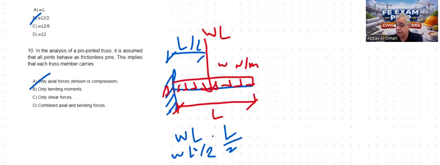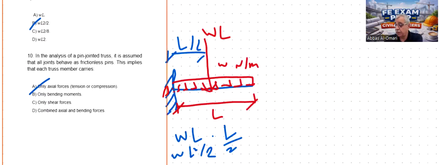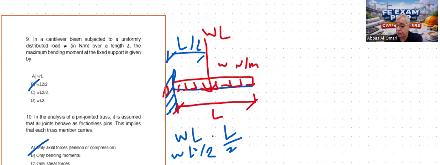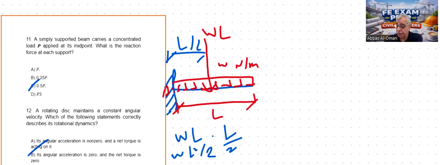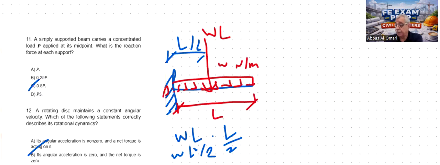The next question. Let me remove this. A simply supported beam carries a concentrated load P applied at its midpoint. What is the reaction force at each support?